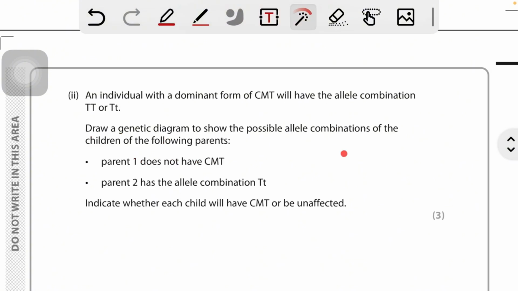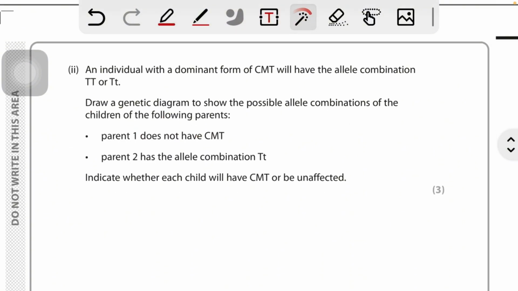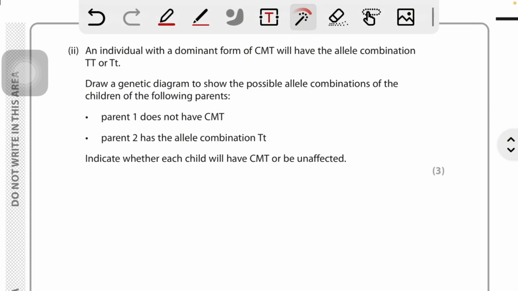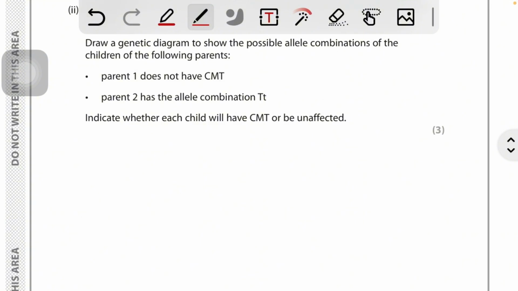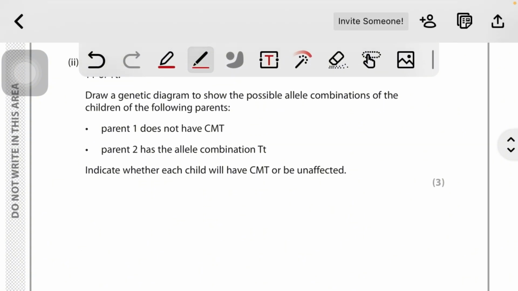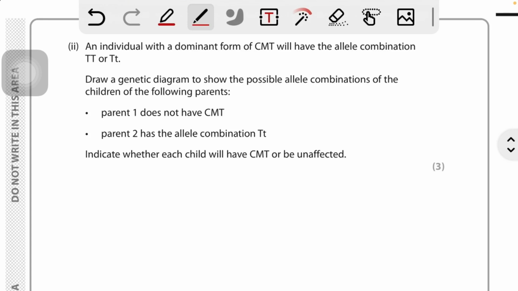An individual with a dominant form of CMT will have the allele combination TT or capital T and small t. So it says parent 1 does not have CMT. So parent 1 will be of recessive genotype, because it says that an individual with a dominant form of CMT will have the allele combination this. So this is the diseased one.